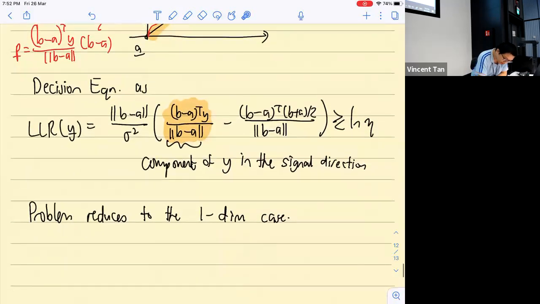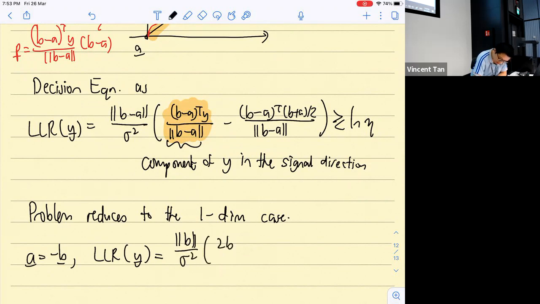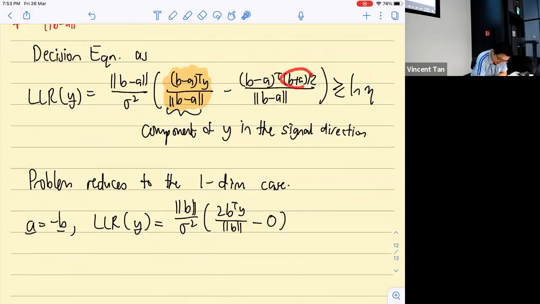In order to calculate my error probabilities, let me again make a simplified assumption where A is equal to minus B. So we have some symmetry, and we don't have to work with too many symbols. Then the log likelihood ratio of Y, this is a vector, is equal to B over sigma squared times 2B transpose Y over norm of B, minus 0 because B plus A is equal to 0.